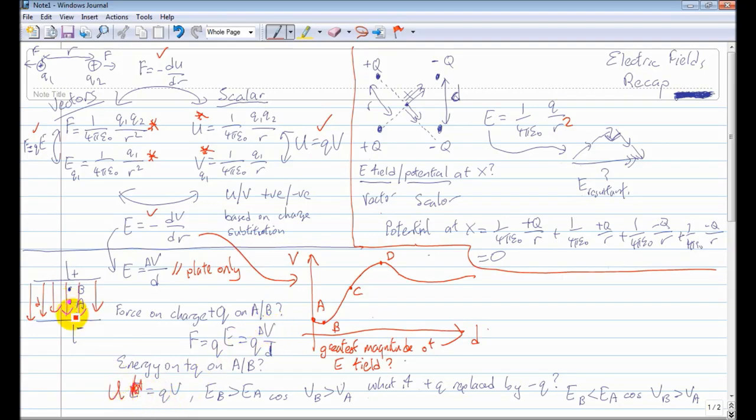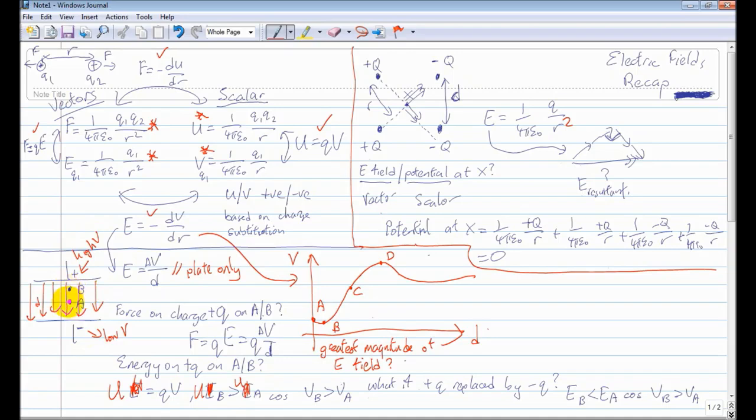So my energy at point A can be given by the charge plus Q multiplied by potential at A. And for B, the same thing, Q multiplied by potential at B. So which potential is higher tells me which energy is higher. I'll just replace all of this by U. If this is positive and this is negative, this is high potential, and this is low potential.